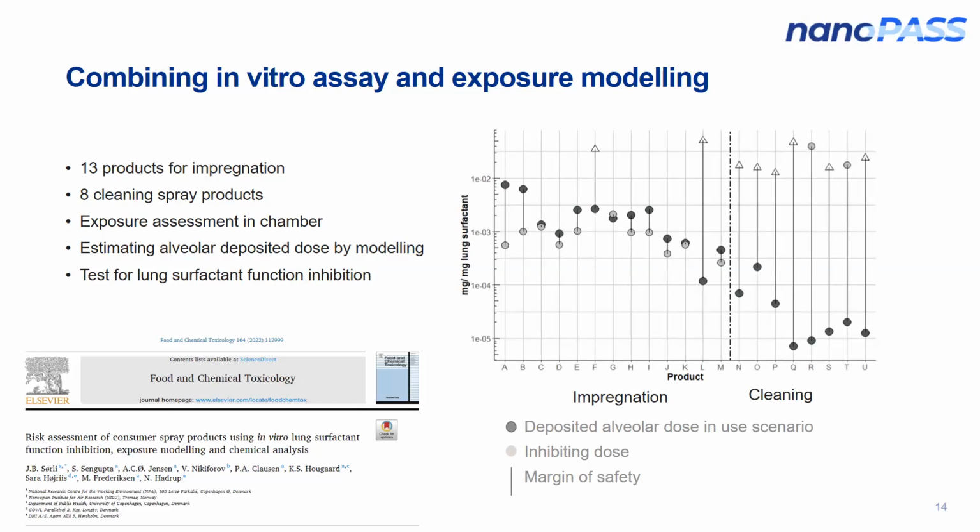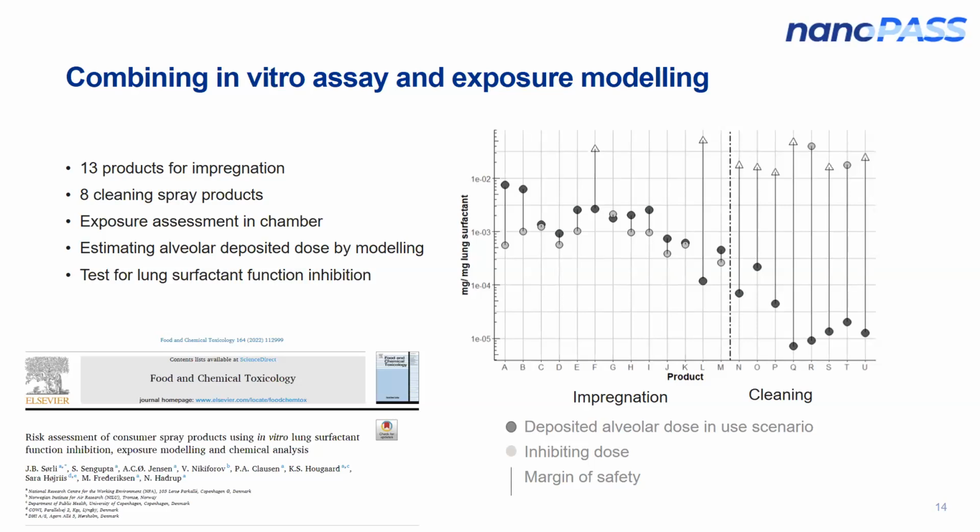As you can see, for the impregnation products, almost all the dark gray dots are higher than the light gray dots, meaning that it is likely that there would be an effect on lung surfactant function if this was used in this scenario. And for all the cleaning products, there was a large distance between the doses, or we did not see any effect at all, indicated by arrows.